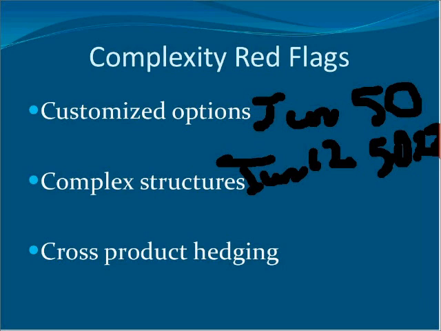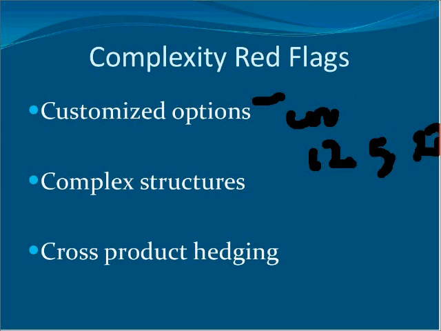There may be a legitimate reason for this, but anytime something is customized, it might also be a red flag that somebody's trying to make it more difficult to accurately obtain the price of that option. Maybe they're hoping somebody makes a mistake in pricing it. I've seen situations where these trades are mispriced by market makers who don't realize that there's a different date involved, and there end up being out trades or errors as a result of that.